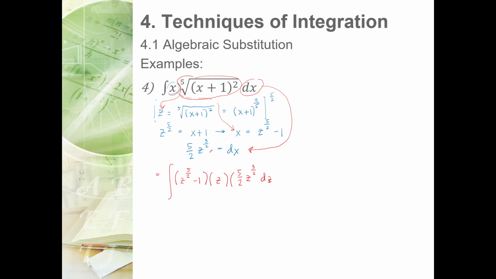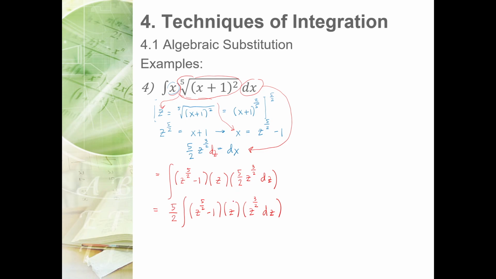I forgot the dz. Okay, so taking out the 5 halves, since it's constant, we have 5 halves integral of z to the power of 5 halves minus 1 times z, and then times z to the power of 3 halves dz.